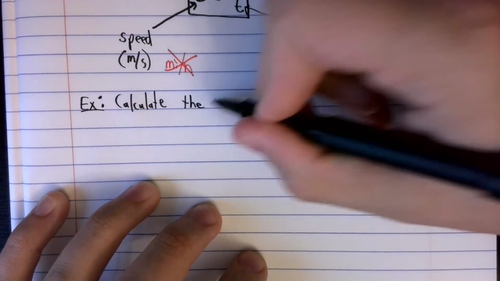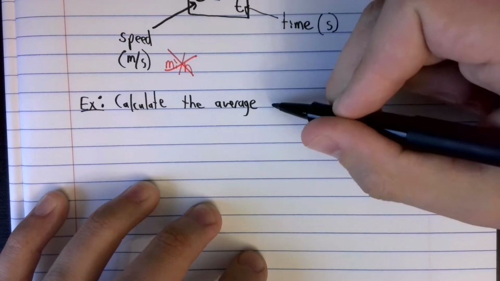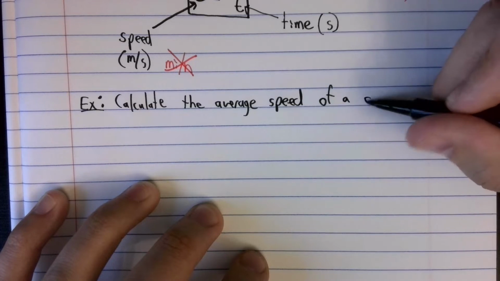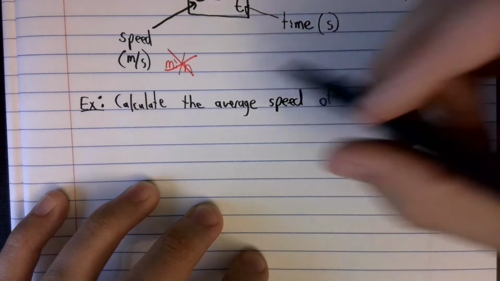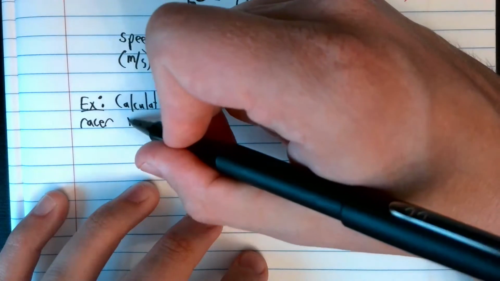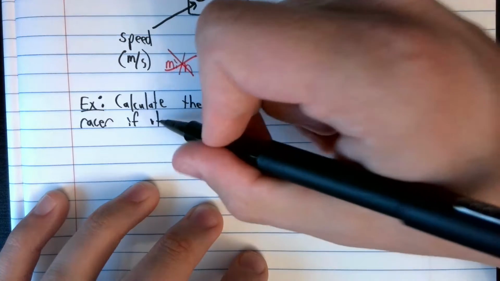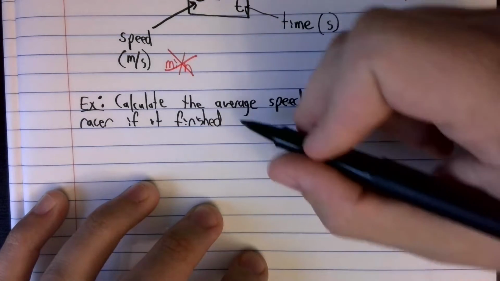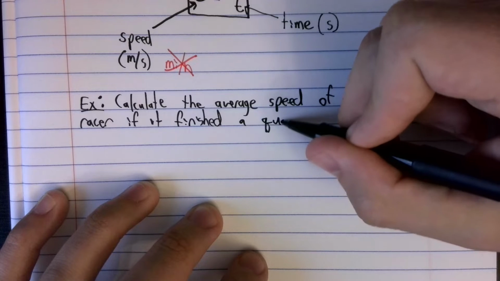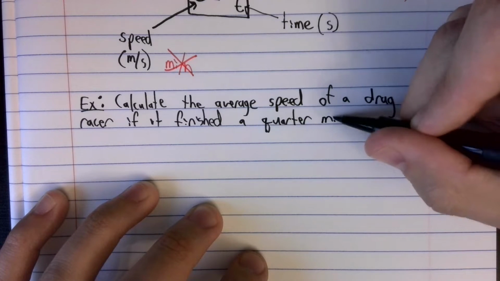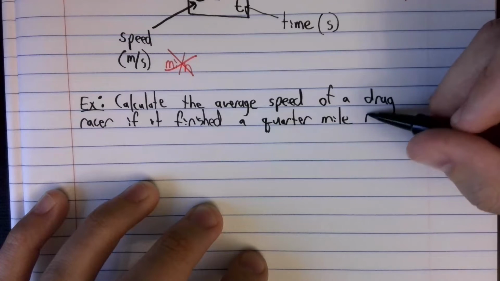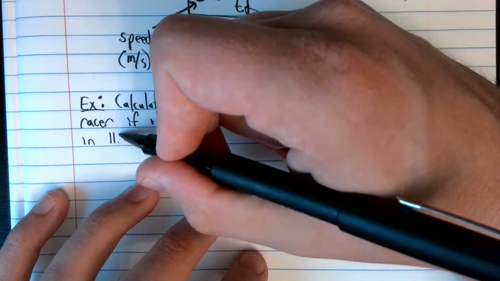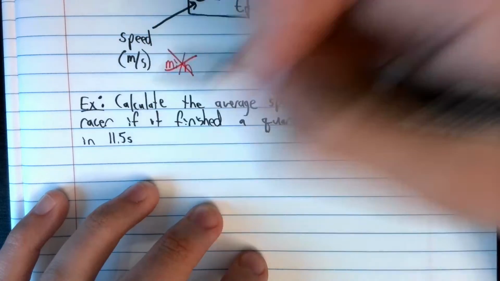Calculate the average speed of a drag racer if it finished a quarter-mile race in 11.5 seconds.